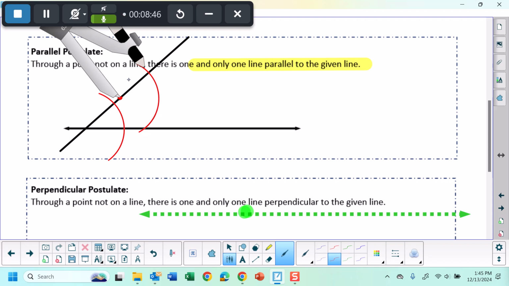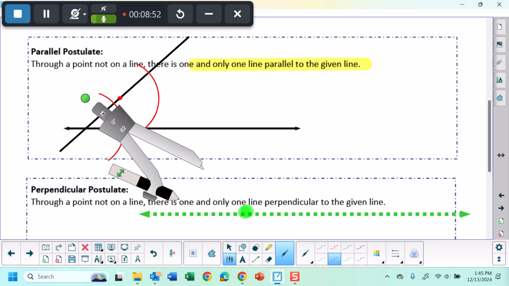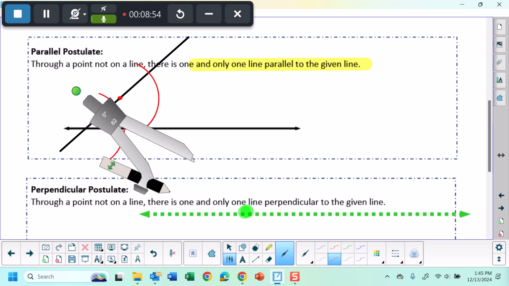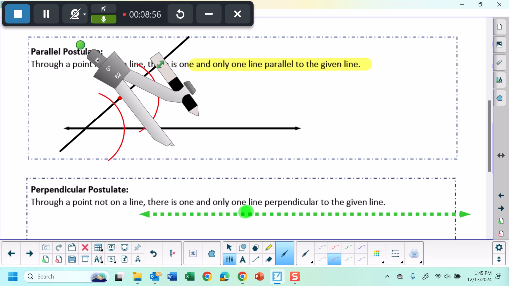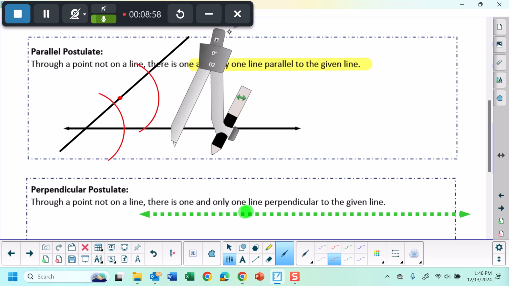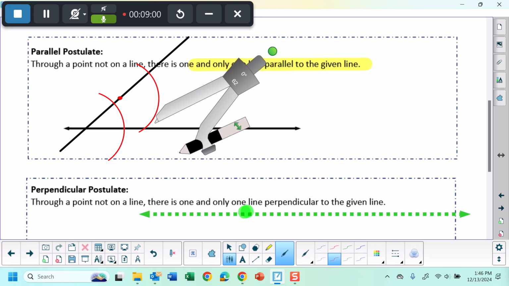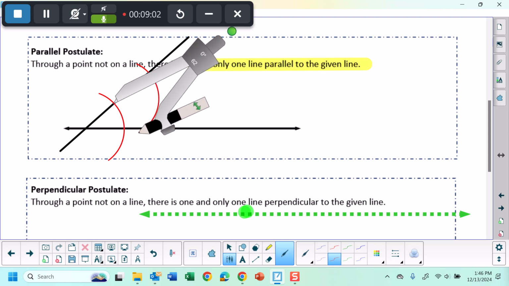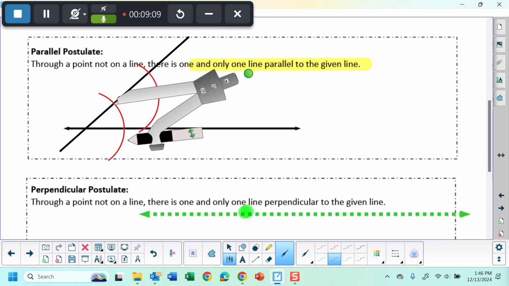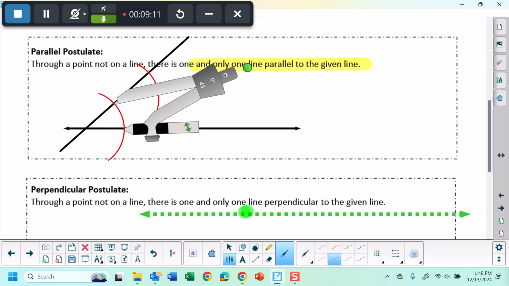The next step in copying an angle is to take your compass and measure how wide that working arc mouth is. So you're going to put your sharp at one intersection of the working arc, and you're going to put your pencil at the other.